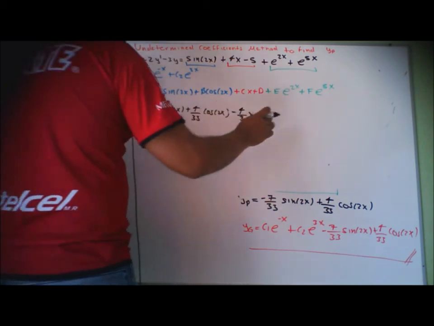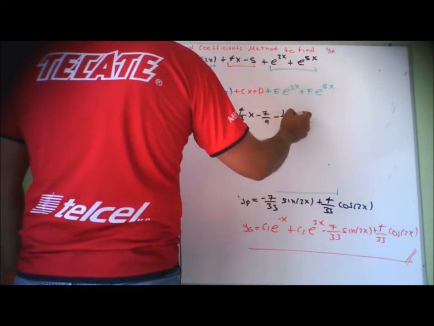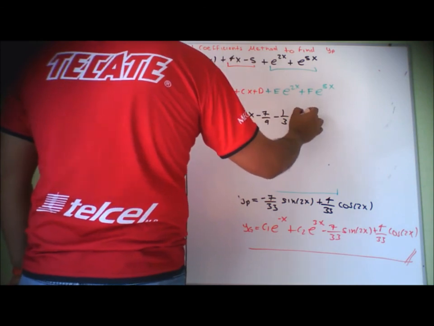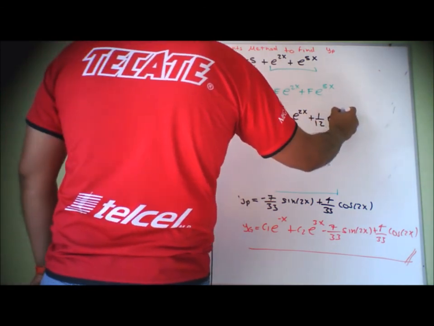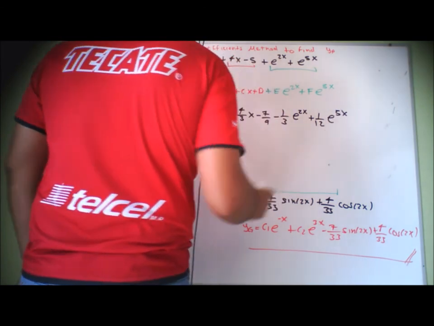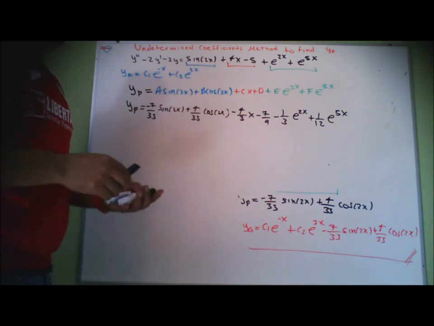And then the result of this was minus 1 over 3 exponential of 2x, and then plus 1 over 12 exponential of 5x. Okay, so that is the long answer.